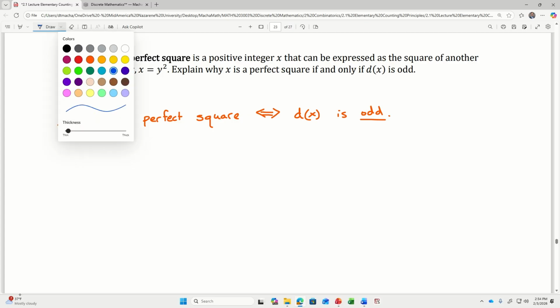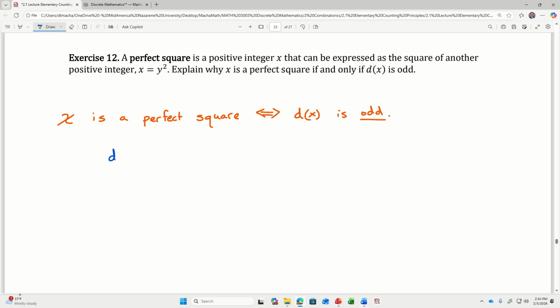It might help if we write down the formula for the divisor function we got in the last exercise. And it also might help if we write down something that looks like a prime factorization for x.